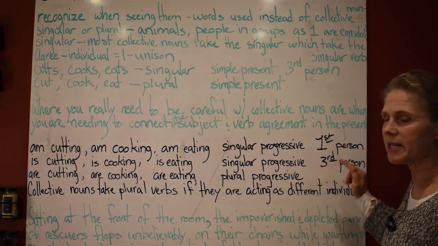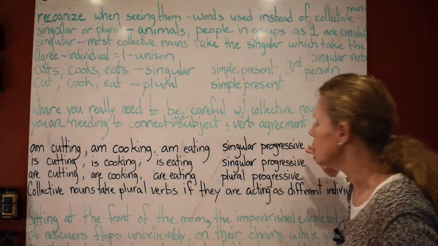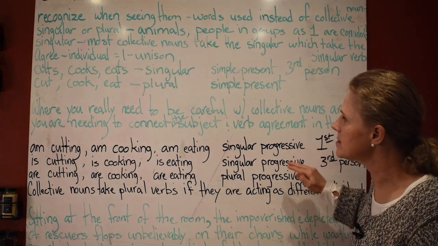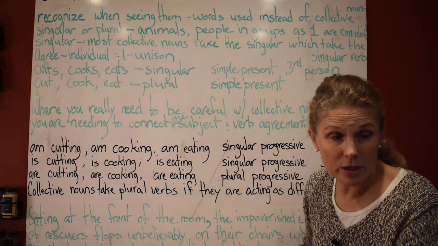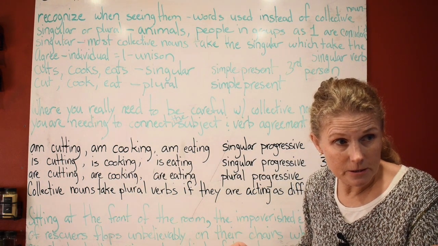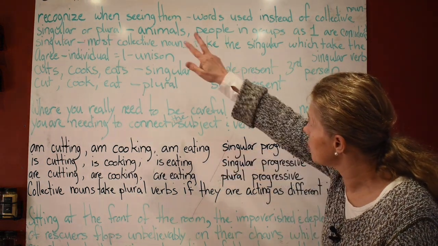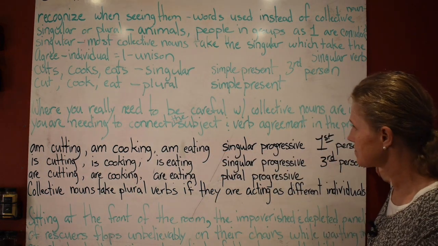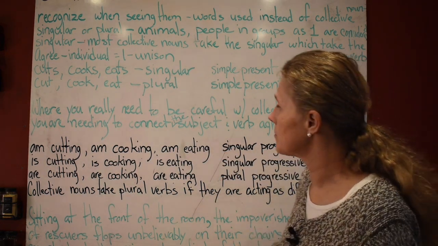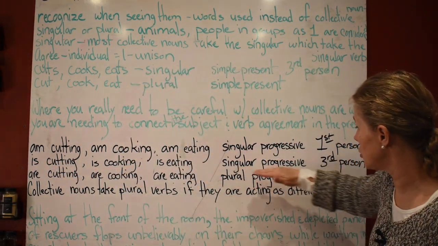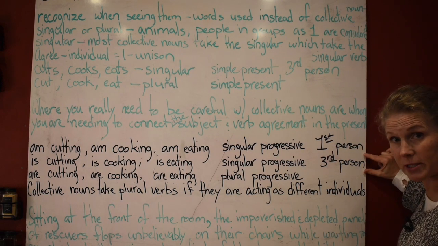Now remember, when you are using auxiliary verbs in the progressive tense, you really need to focus on first, second, and third person. When you are doing your collective nouns, you really need to focus on third person, and then obviously the plural. Is cutting, is cooking, is eating is singular progressive, but in the third person.